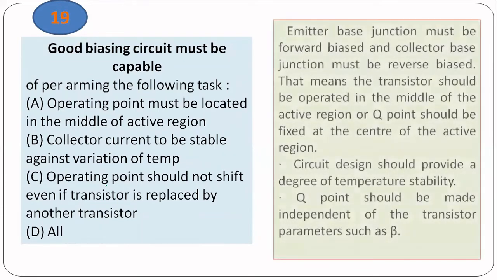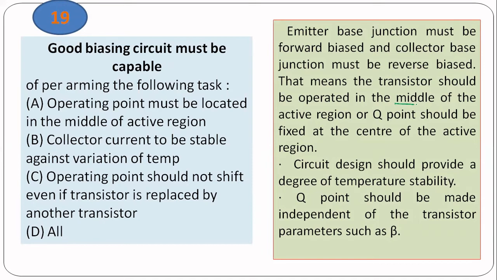So for this, the transistor should be operated in the middle of the active region, so that the biasing is done properly. So the option is: operating point must be located in the middle of the active region so that proper biasing of the transistor is done.